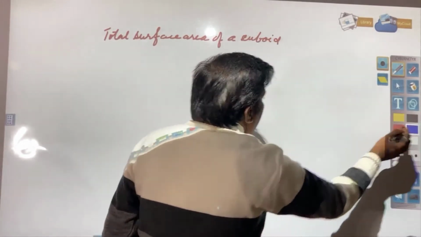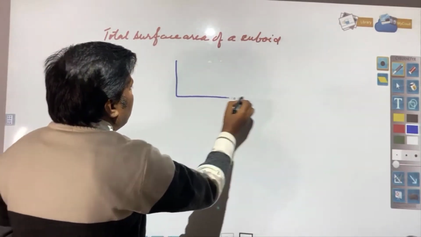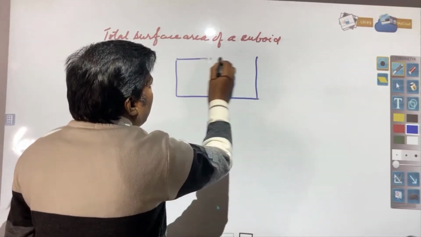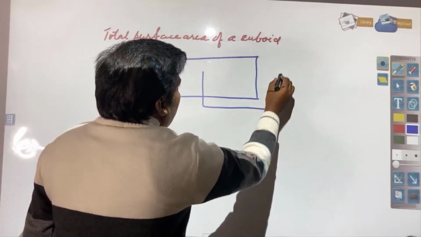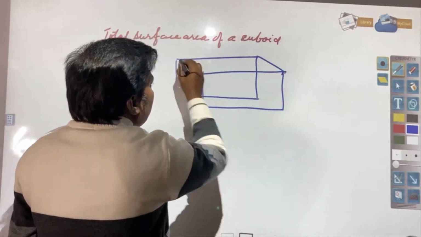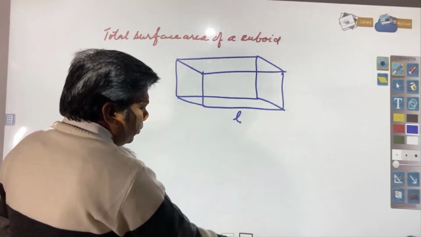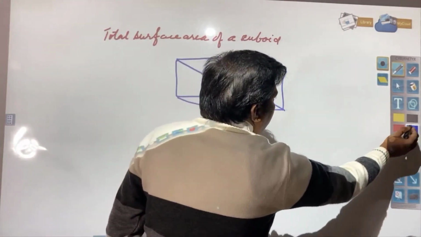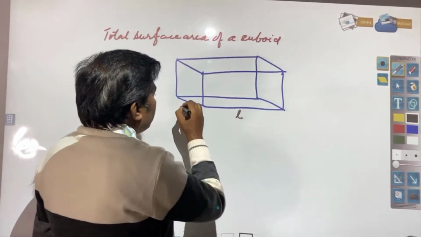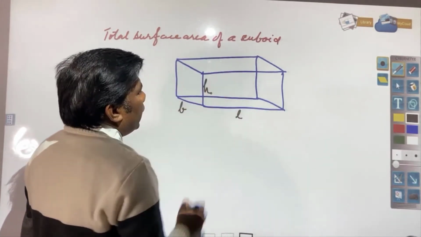Suppose this is your cuboid in this shape. This is your L, this is your B, and this is your H.